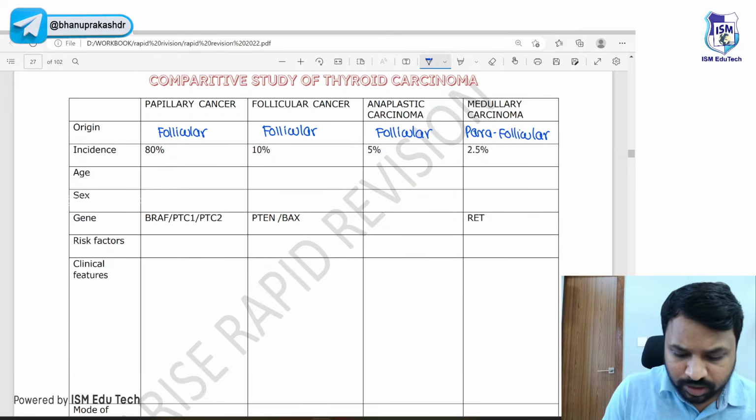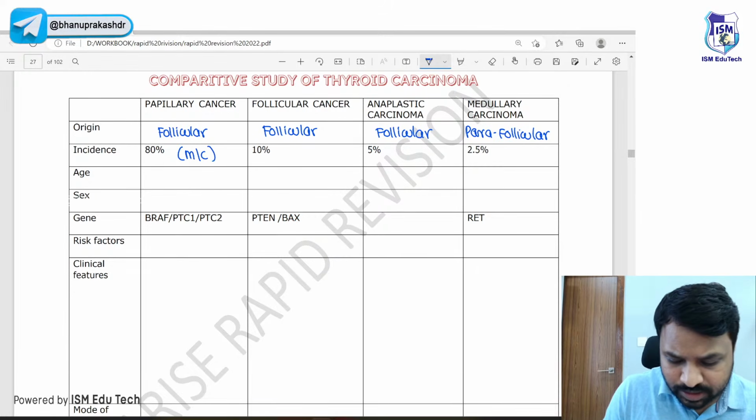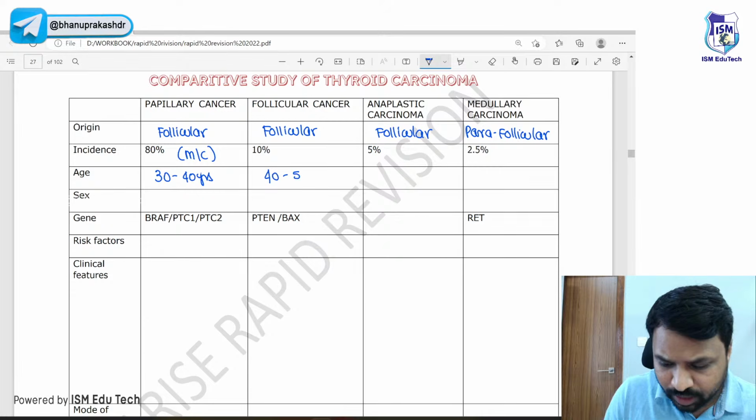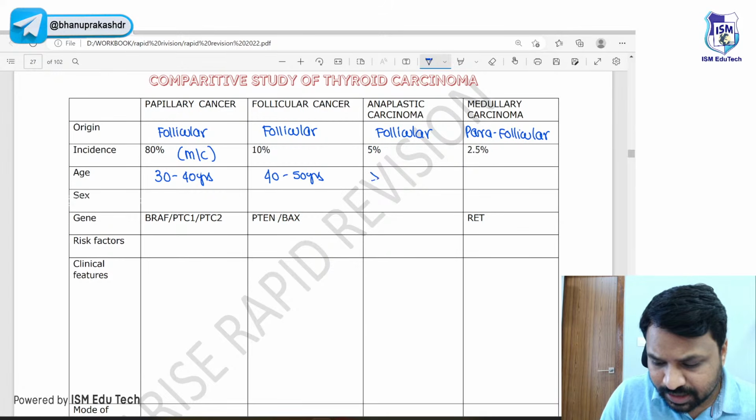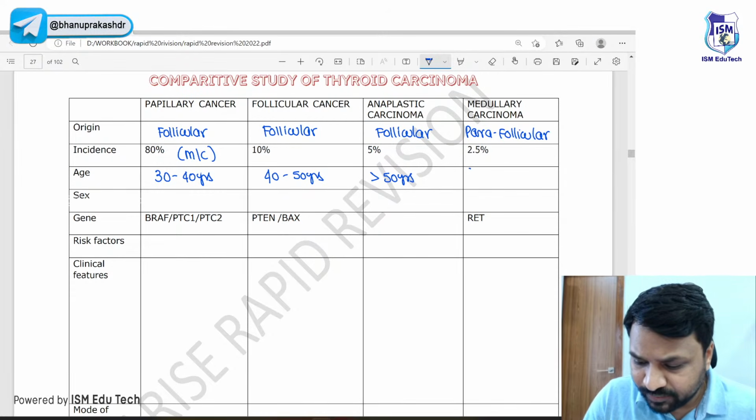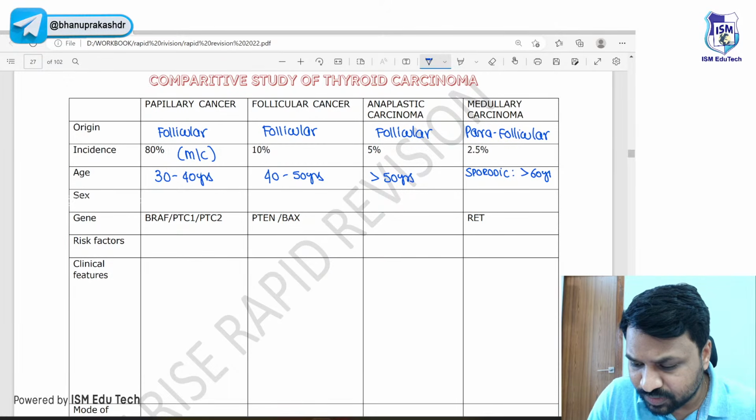Now, when you talk about the most common thyroid cancer, that is going to be papillary cancer thyroid. Papillary cancer thyroid can be seen at any age, but it is usually in 30 to 40. Follicular is between 40 to 50 years. Anaplastic is beyond 50 years. Medullary cancer thyroid, if it is sporadic, that means associated with general population, is seen after the age of 60 years.